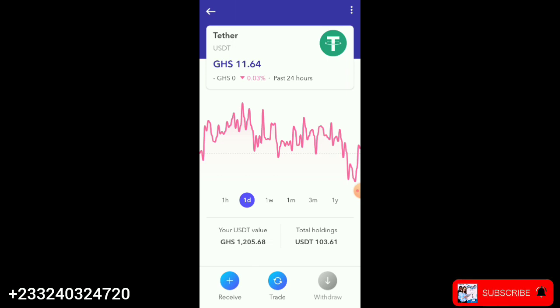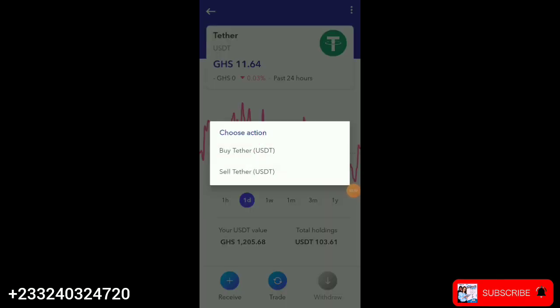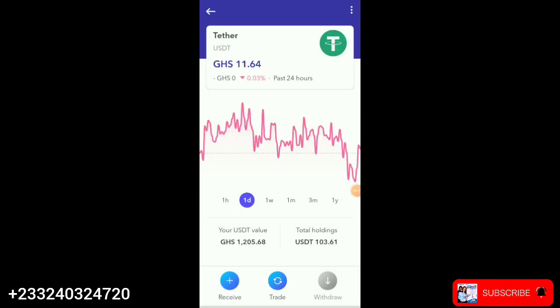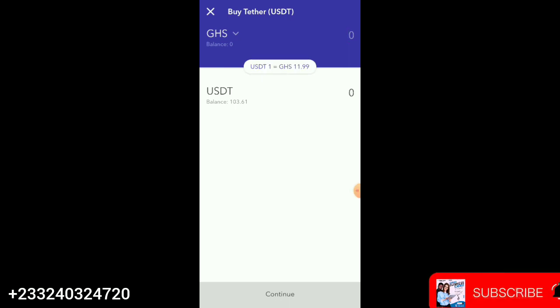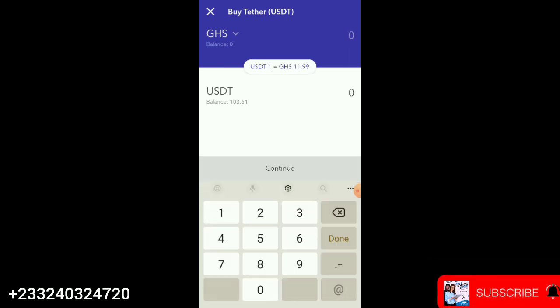I want to show you how you can sell your USDT and receive the money straight to your dollar account. That's how you do it. We will go to trade. When I'm buying, I can choose to buy it with dollars.